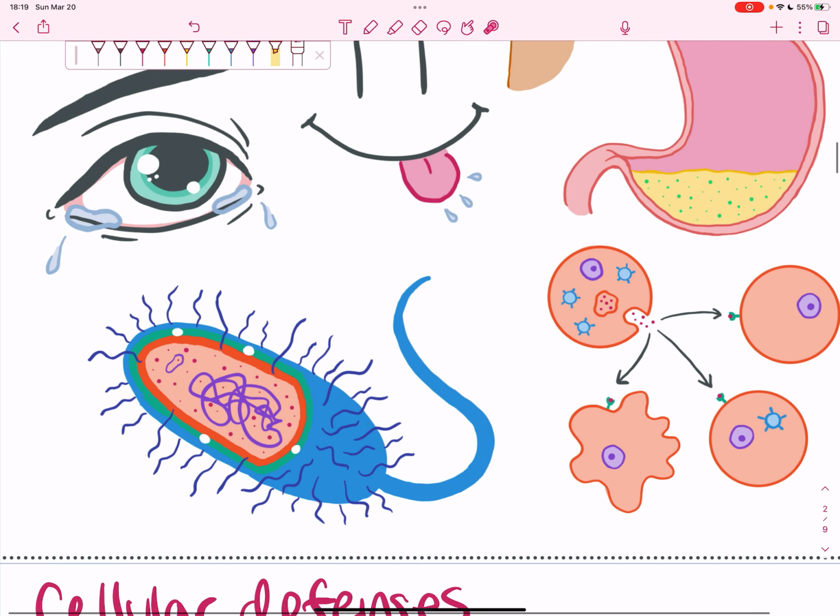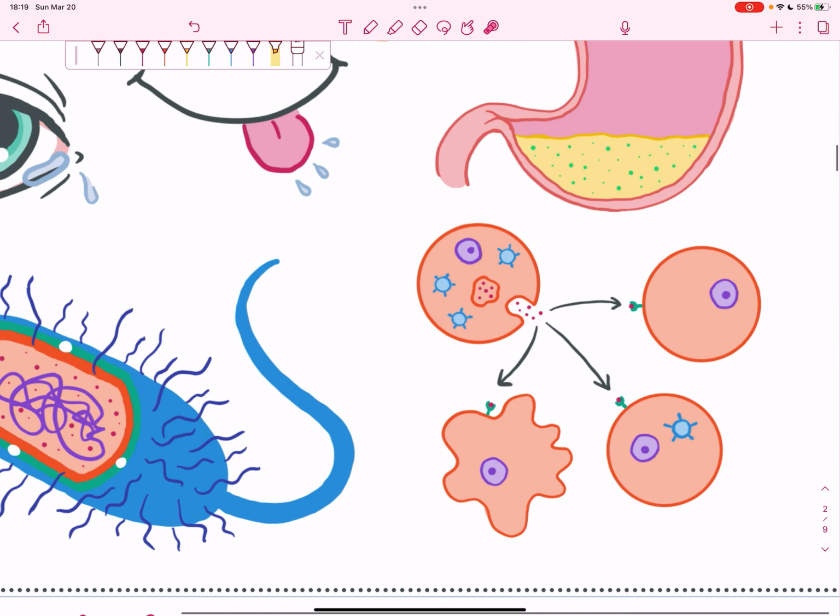And then over here we have interferons, little proteins. These are given off by virally infected cells, so we have our little viruses here, that can help prevent viral replication and dispersion to nearby cells.